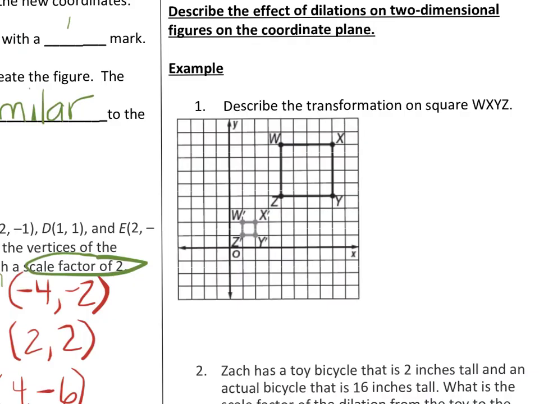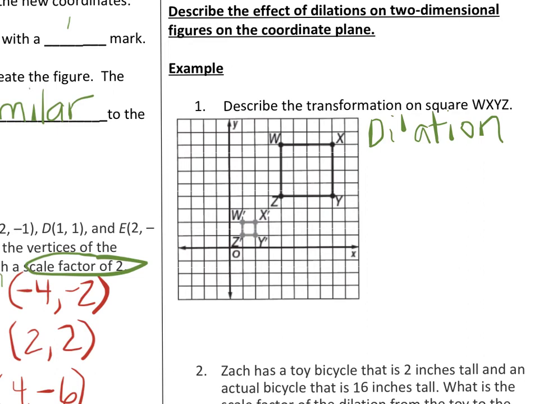Okay, the last thing we want to do is describe the transformation that is done here in example number 1. Well, we can already tell that this is definitely a dilation because the original figure got smaller. The new figure is not congruent to the original figure, so it definitely has to be a dilation. Dilation is the only thing that can make it bigger or smaller.